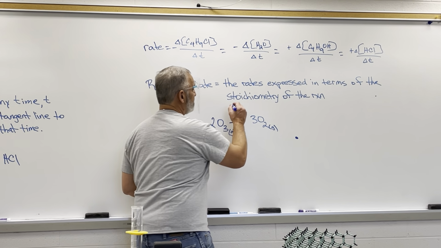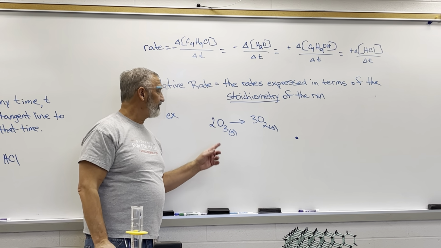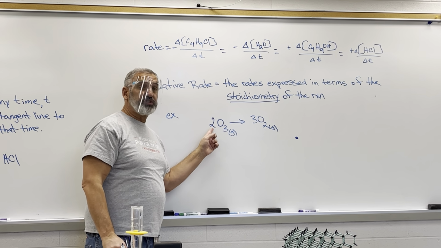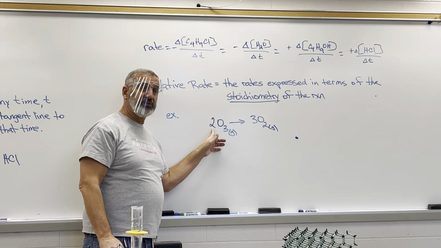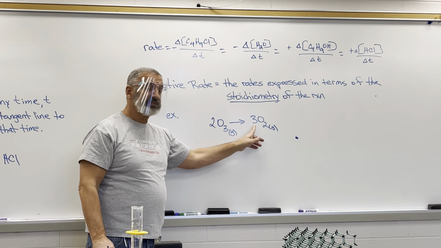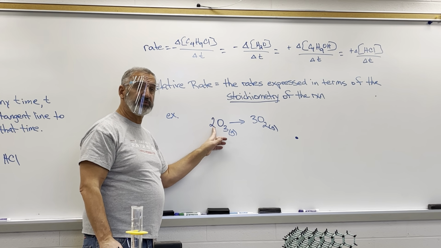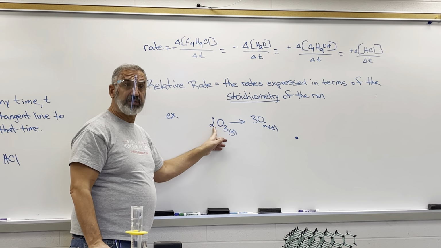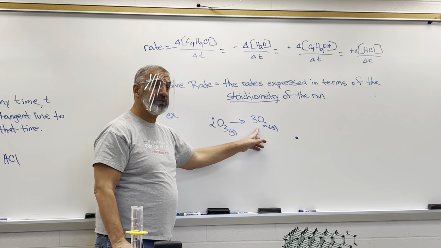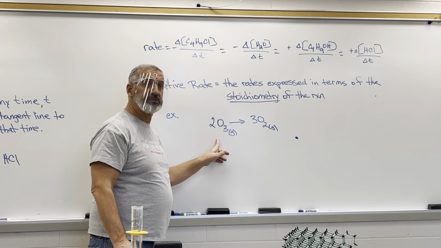Here's the key word, stoichiometry. Stoichiometry always deals with coefficients, right? 2 of these are going to be breaking down, but 3 of these are going to be forming. So this is going to be forming at 3/2 the speed of this one. Just from stoichiometry, for every 2 of these that break apart, 3 of these form. So obviously this is going to be forming faster than this is disappearing.